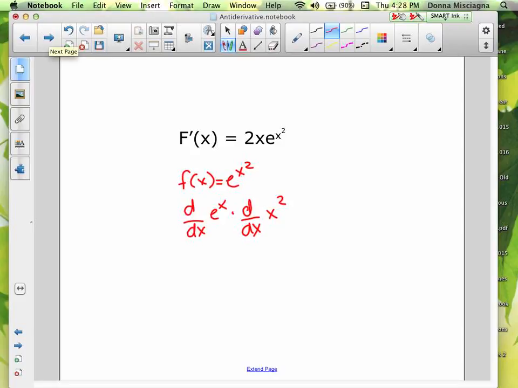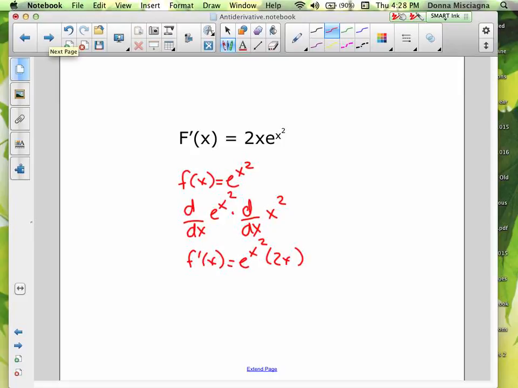So the derivative of e to the x would be e to the x, and the derivative of x squared would be 2x. Oops, sorry. So it would be e to the x squared, sorry. The x squared still would be there as well.